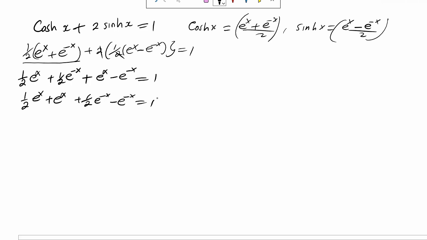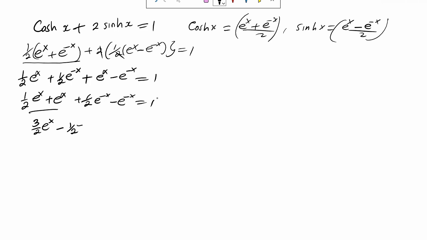If you add the e raised to x terms, you shall get 3 over 2 e raised to x, and for the negative terms you shall get a negative half e raised to negative x, and this equals 1.